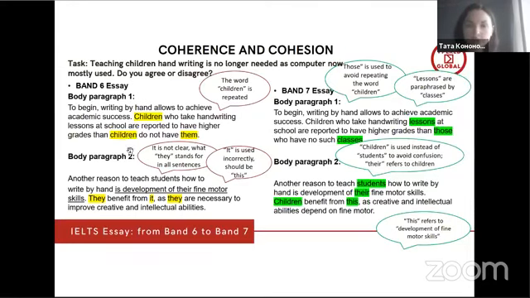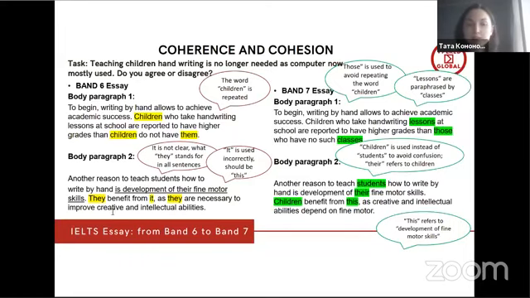When we read such a sentence, we automatically decide that the word them refers to the word children because we connect the pronoun with the closest noun in the same form. But actually here, the word them refers to the word handwriting lessons.